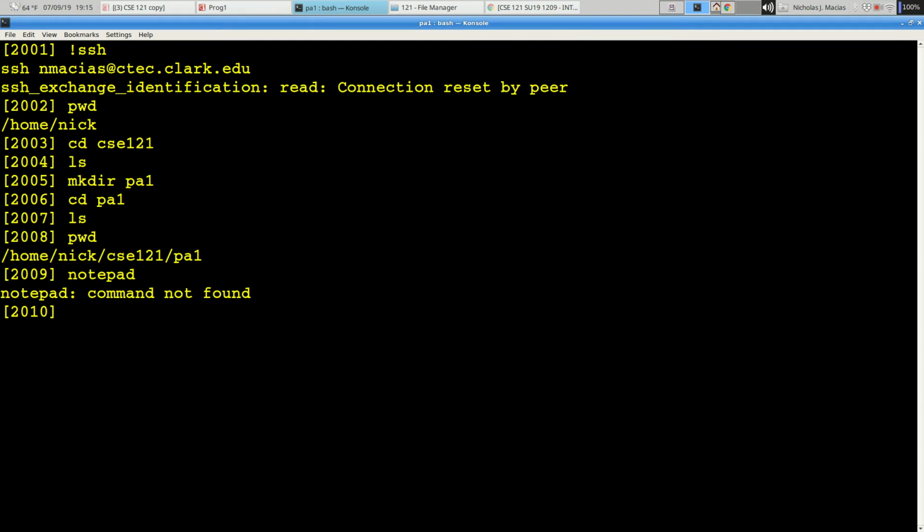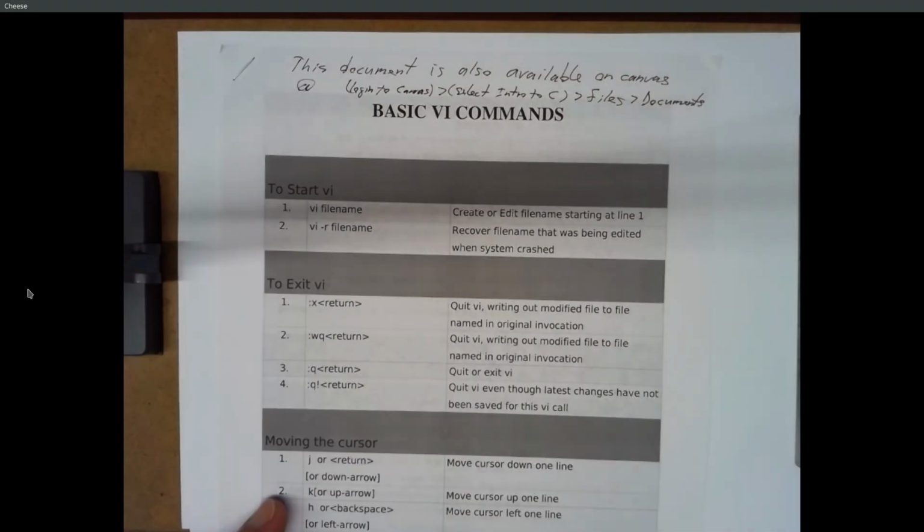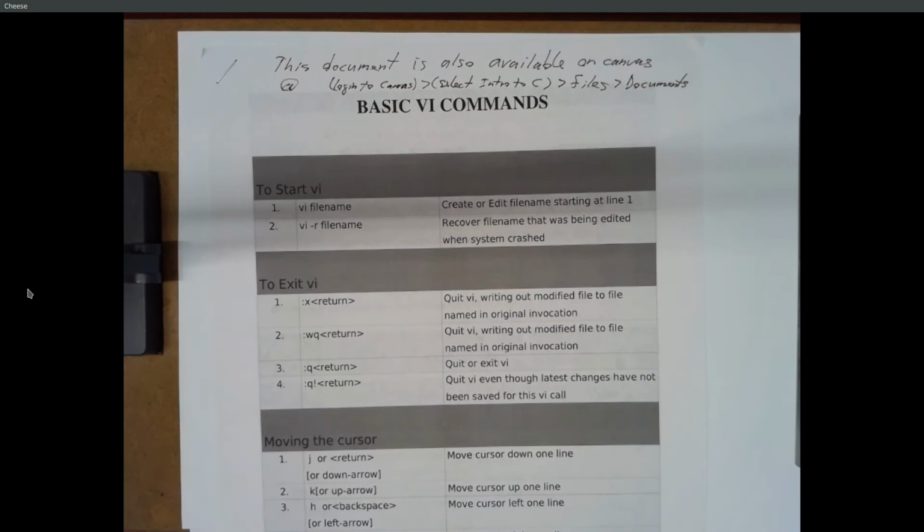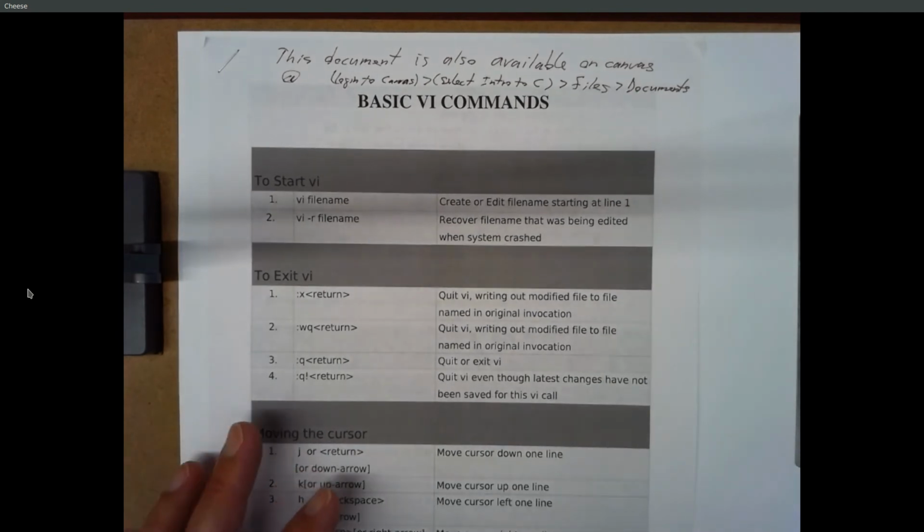So you have a handout that should look like this: basic VI commands. Okay, did I hand that out? Do I need to hand that out? Oh, you don't have a handout for that. It's on Canvas.